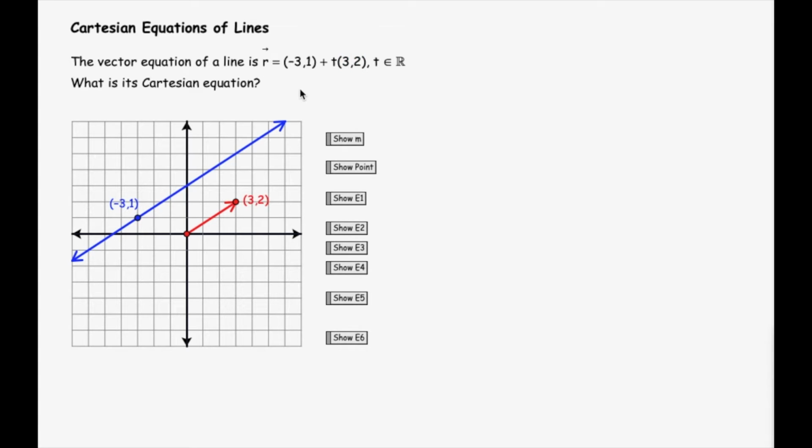But we remember, of course, a slope is delta y over delta x. And remember, this really does describe a change in x and its corresponding change in y. So the slope, of course, should be 2/3. What's the point that's on the line? Well, we do know that that's the point on the line. So the point -3, 1 is on the line.